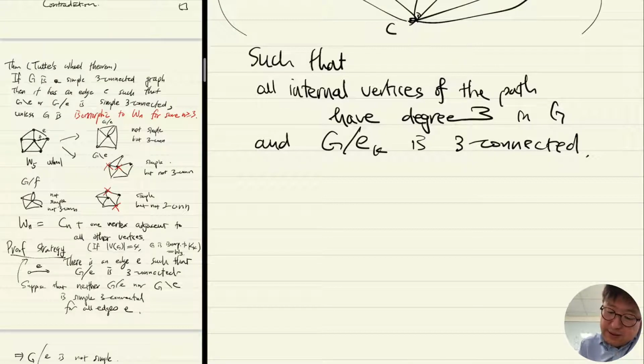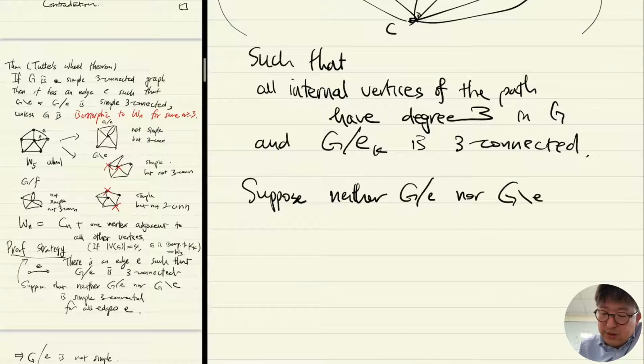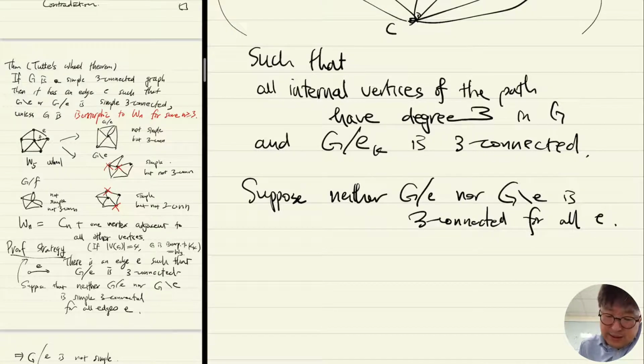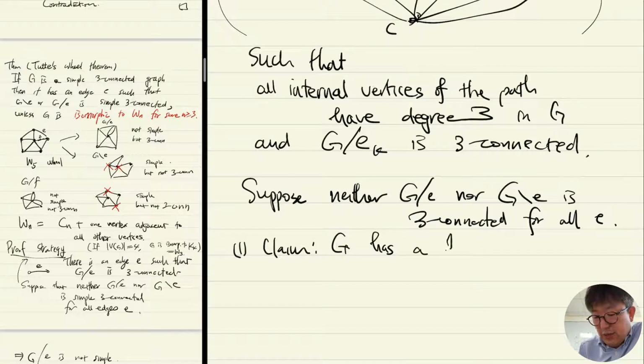And we assume that the graph doesn't have any edge E such that either G contract E or G delete E is 3-connected. Then the first claim is G has a 1-fan. Why? We have seen it.